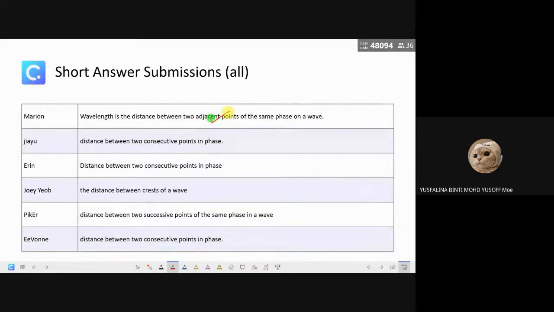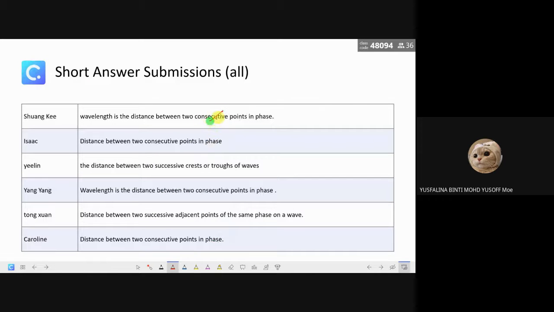Wavelength, two adjacent, okay, can accept. Two consecutive points in the same phase, correct. Between crests of a wave, okay. Two successive consecutive points, okay. Trough or wave, okay, very good.